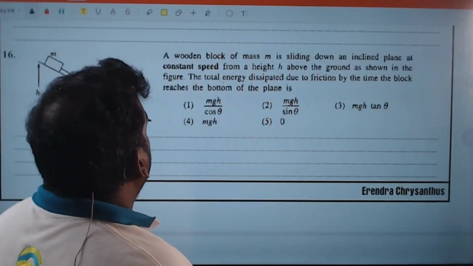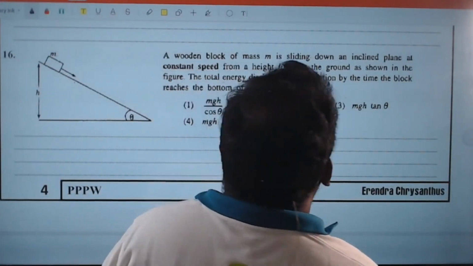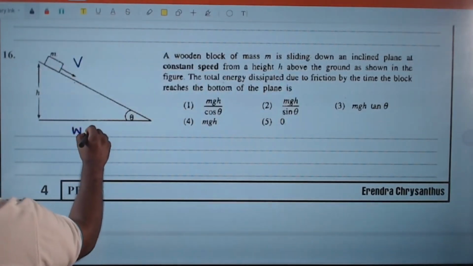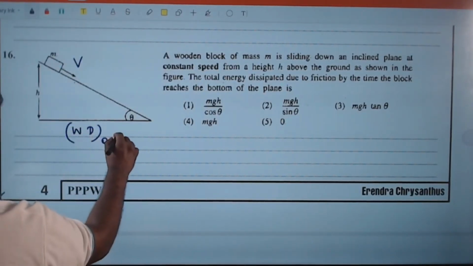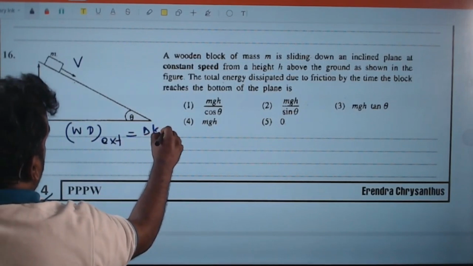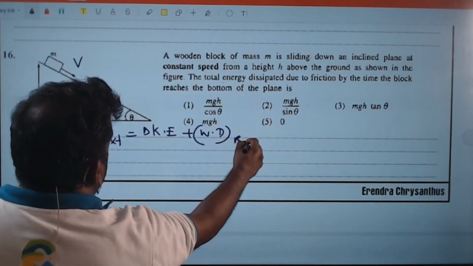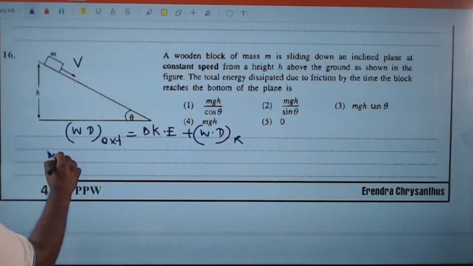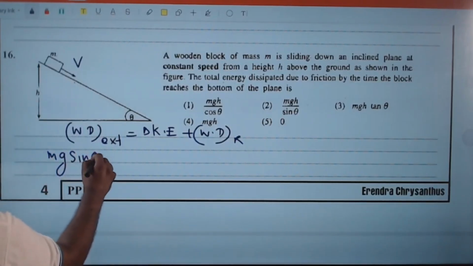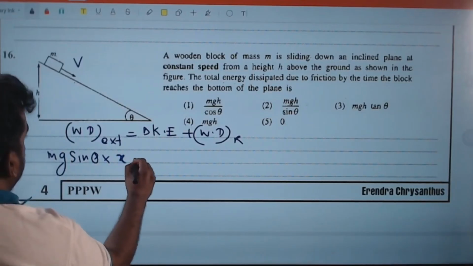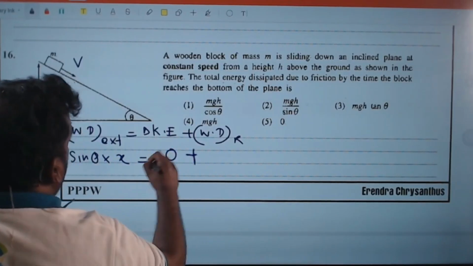Next one. A wooden block is sliding down an inclined plane at constant speed. Work done by external force equals increase in kinetic energy plus work done by resistive forces. External force is mg sin theta multiplied by x. Increase in kinetic energy is 0.